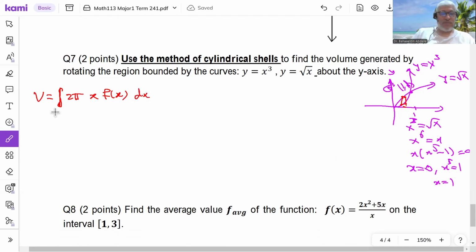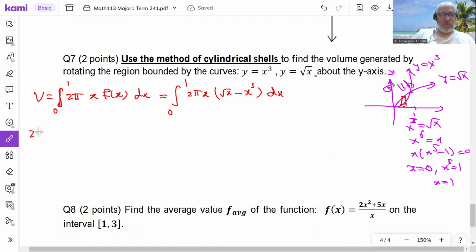And x is from 0 to 1. So this will give you the integral 2 pi x. And what is the height? The height is the above curve minus the below curve. So it's square root of x minus x cubed, because square root is above x cubed, dx. And you can find the answer.